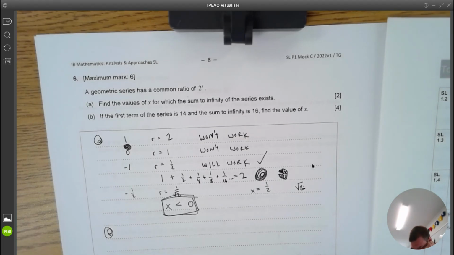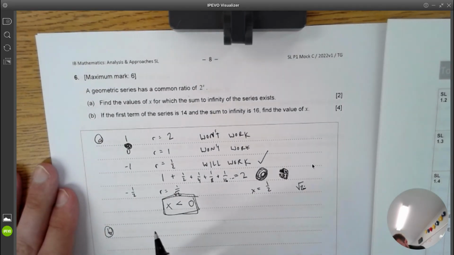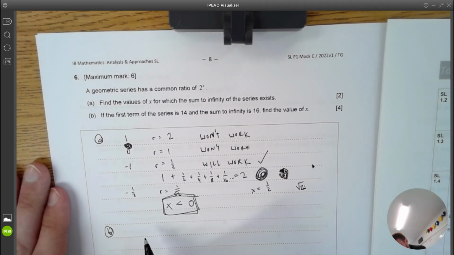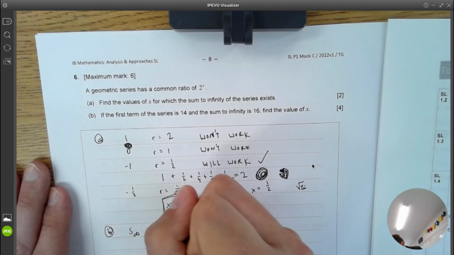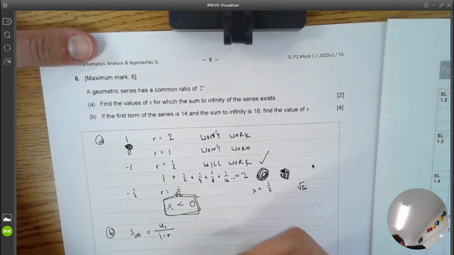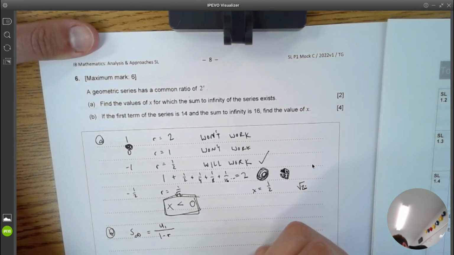Now this does say the absolute value of r needs to be less than 1. Interesting. All right. That's what we were doing earlier. S infinity is equal to the first term over 1 minus r. We are plugging in everything here.